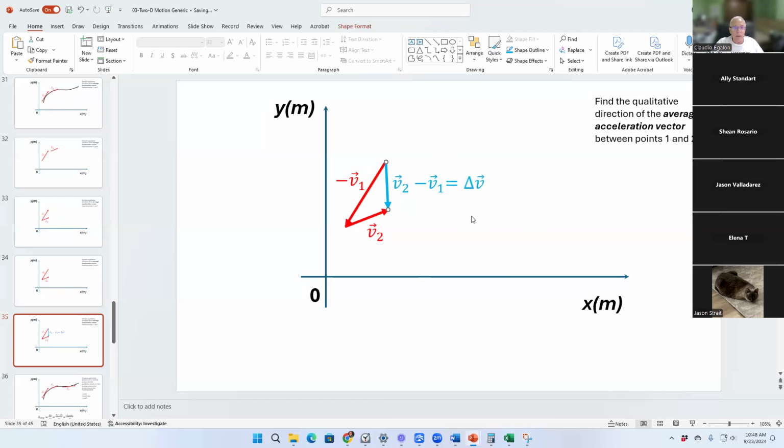I'm gonna put it side by side here, like that. And I'm just gonna increase it a little bit. And that would be my acceleration vector, average.